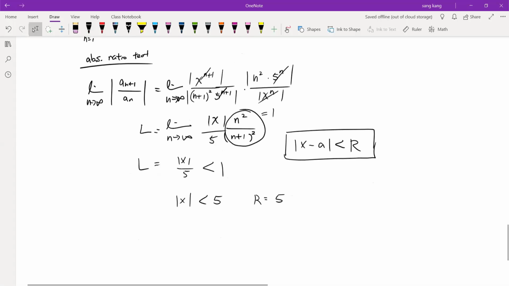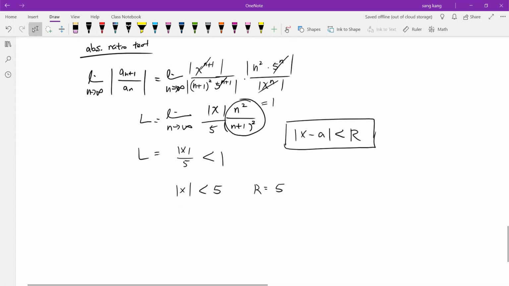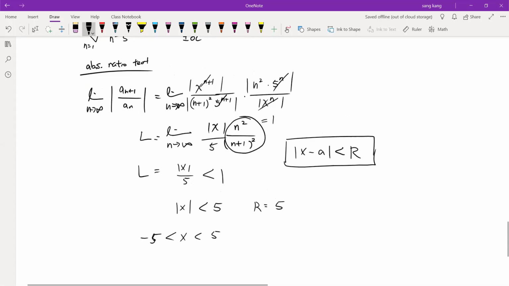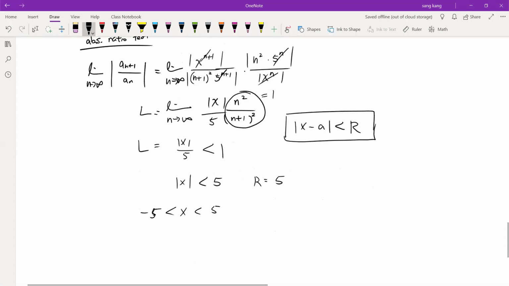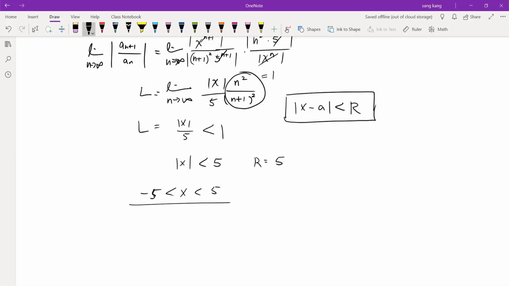Now, if we want to find the interval of convergence, we have to evaluate at the endpoints. We get rid of the absolute value, and we're bounded by -5 and 5. We plug these endpoints back into our original series and use our other tests to see how it behaves.